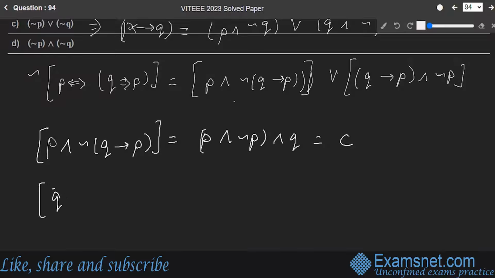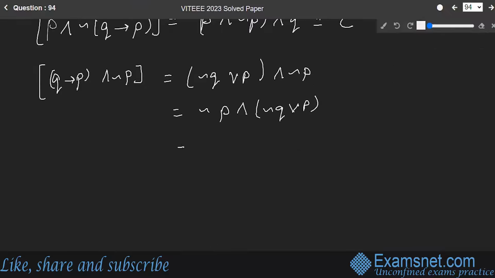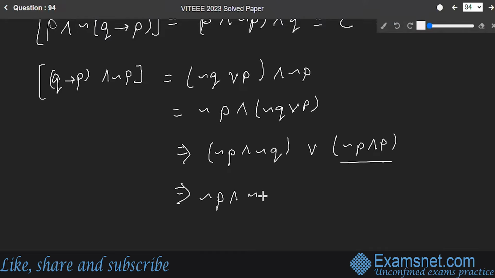Now the second one, Q implies P intersection negate of P is equal to negate of Q union P intersection negate of P, that is equal to negate of P intersection negate of Q union P. So this is equal to negate of P intersection negate of Q union negate of P intersection P. So this is nothing, this is 0, and this will be negate of P intersection negate of Q.